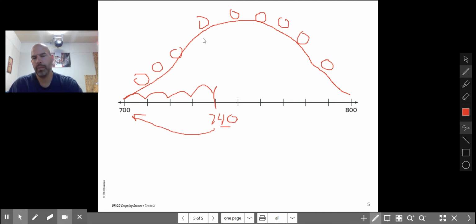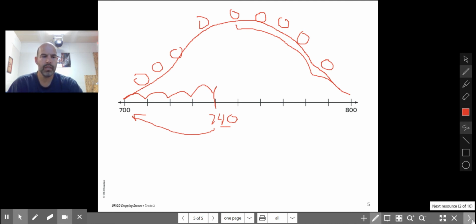So that kind of helps us remember where to round to. Now we said the numbers that are in the middle are going to also roll down to the next greater side of whatever that interval is that's marked on your number line.